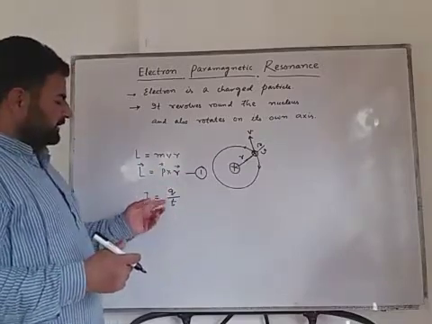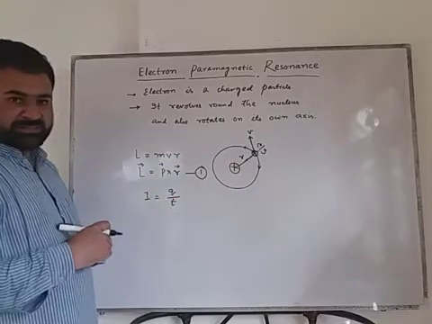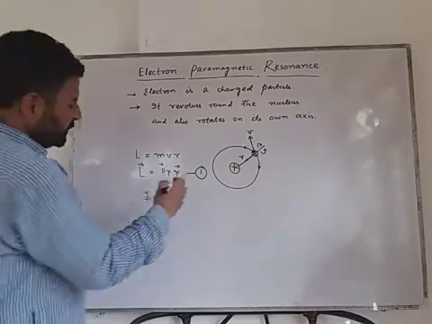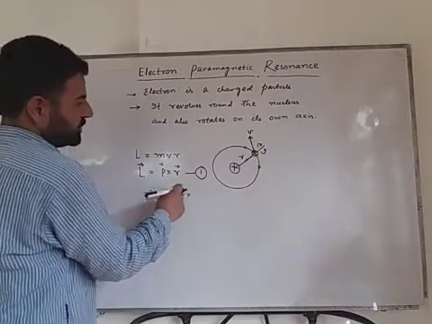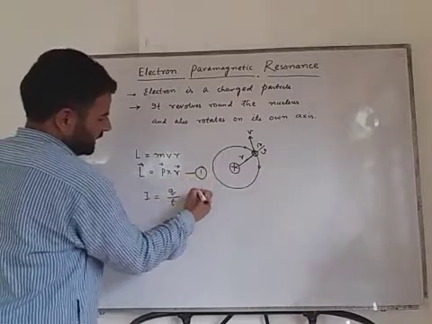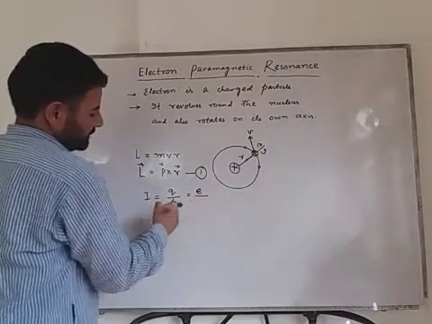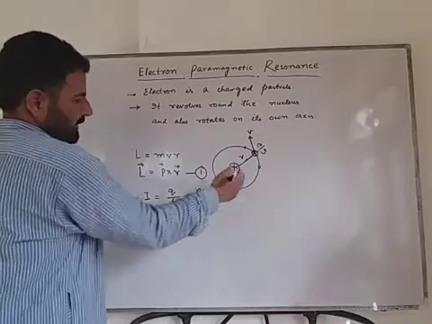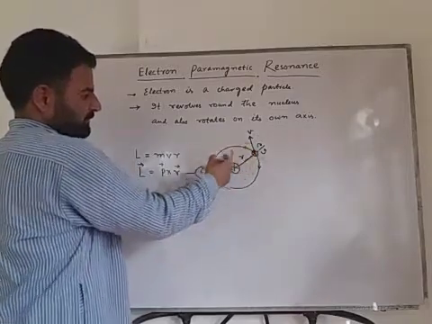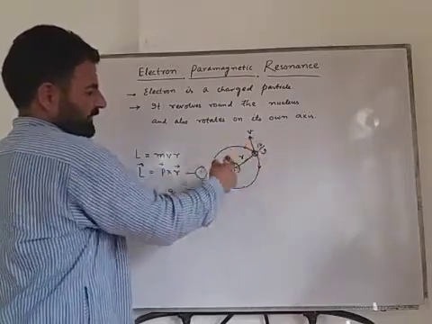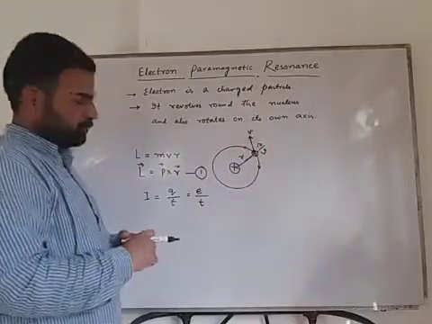We know the charge on an electron can be given by e, and T is the time which it takes to complete one revolution in the loop.